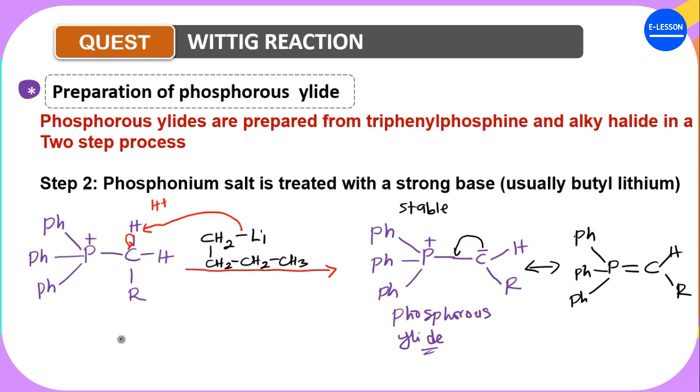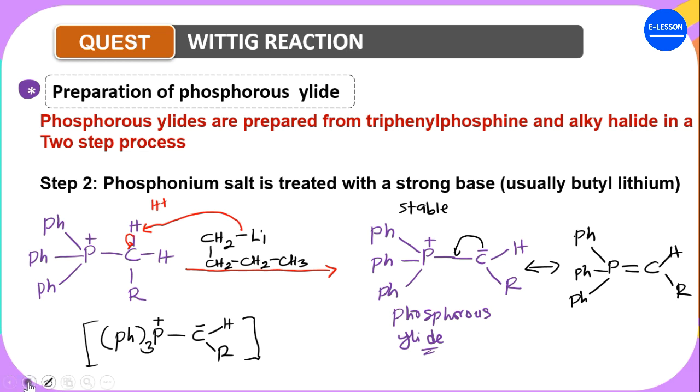This phenyl can be written as Ph. How many are there? 1, 2, 3. I put bracket 3, and then phosphorus. It can also be written like this, then positive. Then you have your C negative with your H and R. So instead of writing this in full, we can decide to write it in the short form this way.